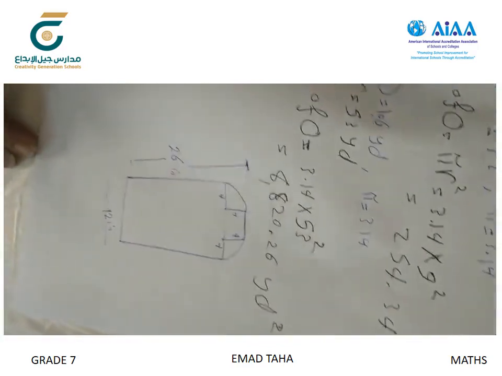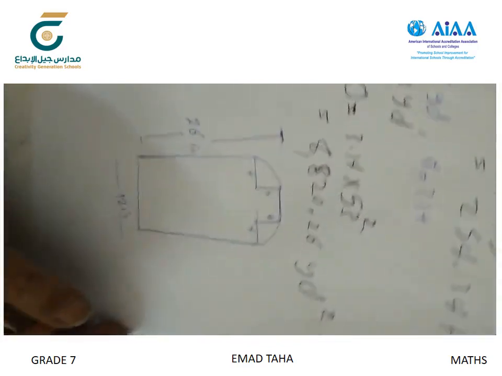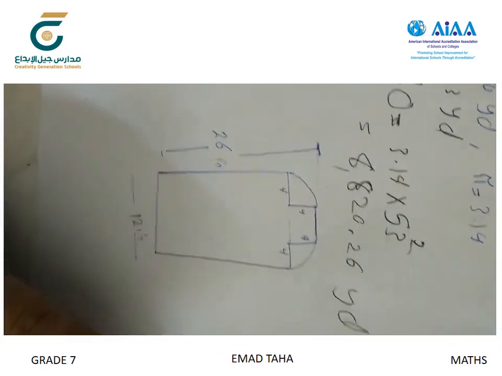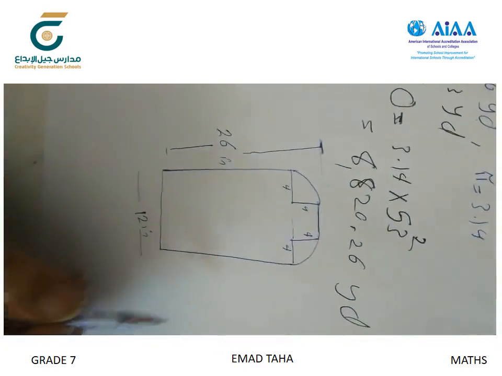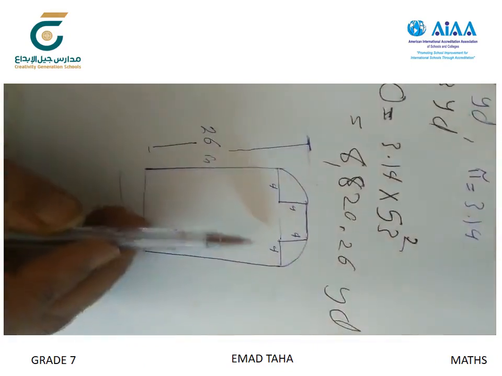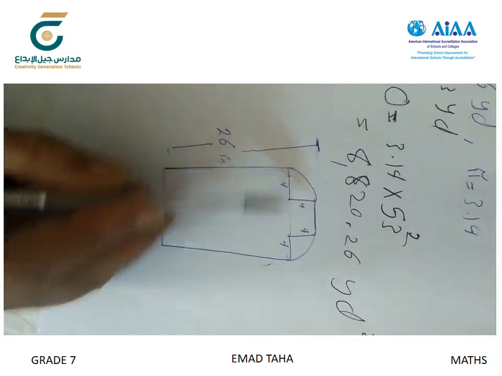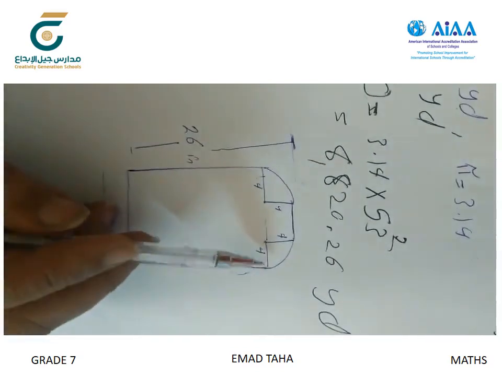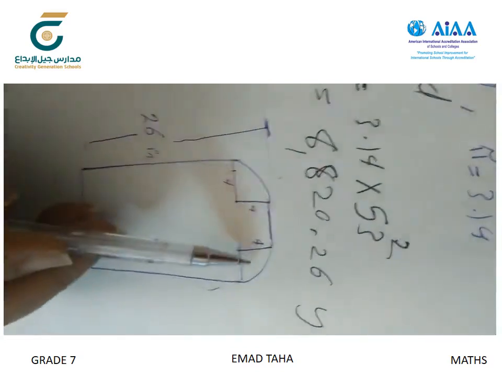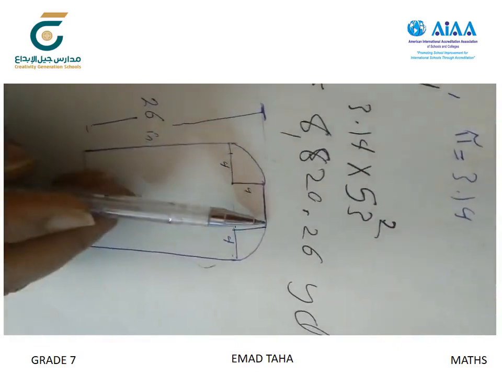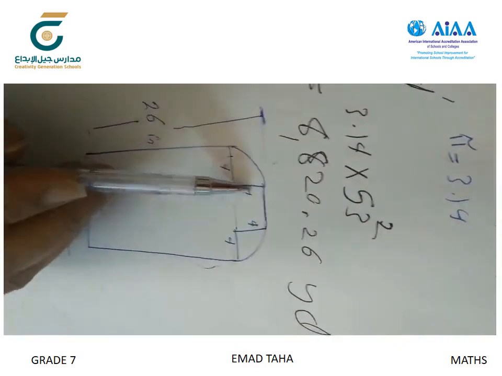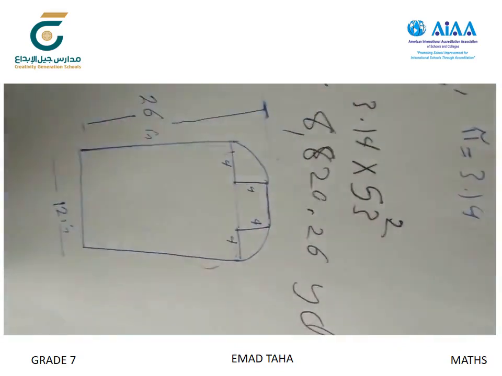Okay, now look and concentrate please. Question number 10. In the figure opposite we have a window. This window is a rectangle, and in the upper part we have a quarter circle and a small maybe rectangle or square, we will see.